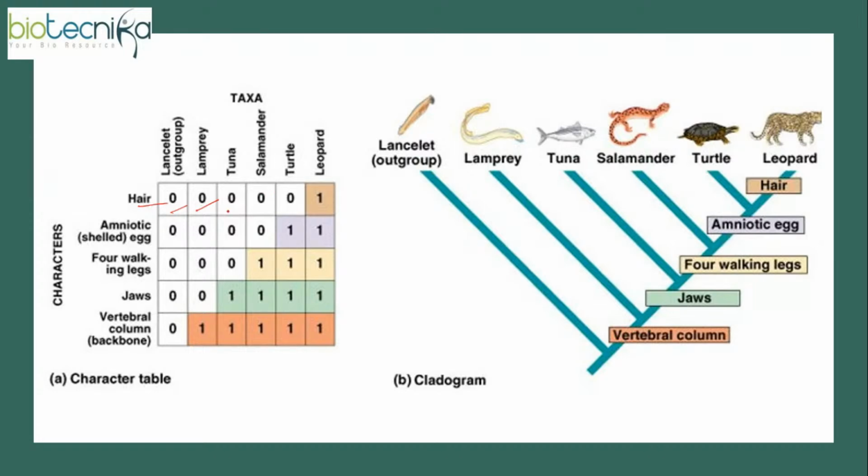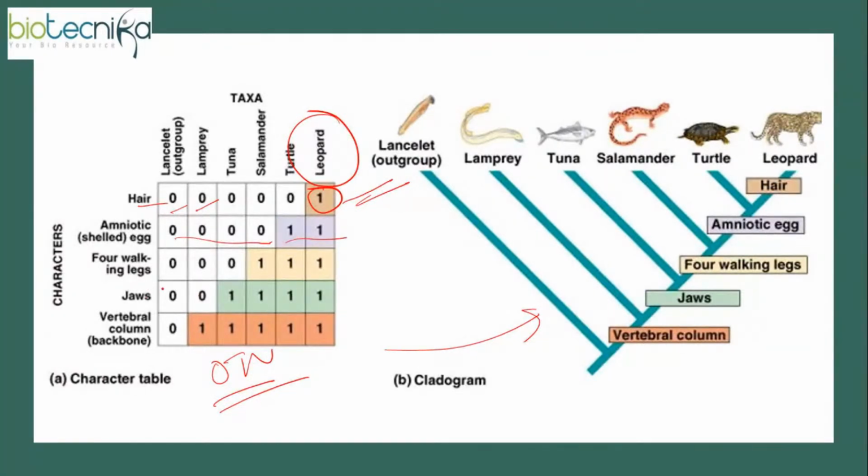Here we can see that this hair character is absent for all of these animals, but it is present only for leopard. See, 1 is written here. So 1 is leopard. This is basically the OTU we are doing. It's a character table, and depending on the character table, students, we are framing this cladogram or phenogram. Amniotic egg is present for turtle and leopard.